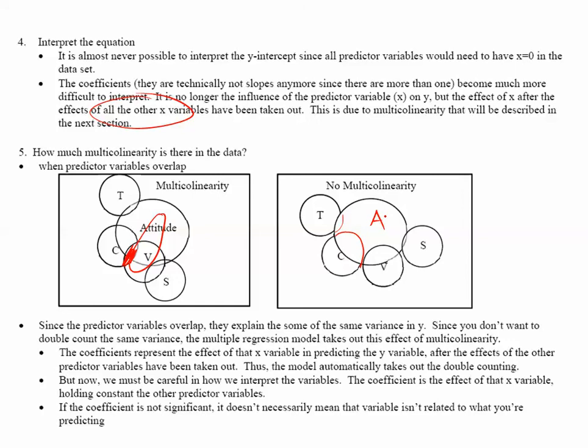This rarely happens. Now, how do we handle this multicollinearity? We'll discuss it a little more in the future, but we need to recognize that there is this overlap. Almost always there's overlap, and we're going to be able to see that when we look at the regression.